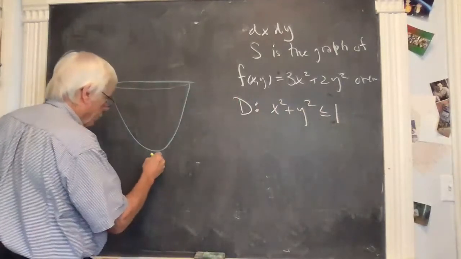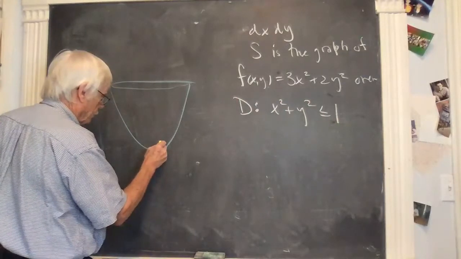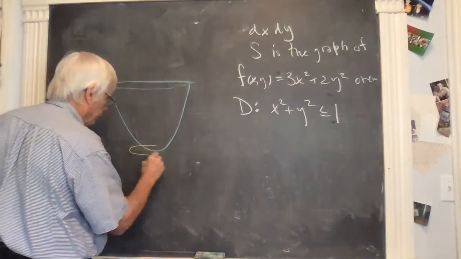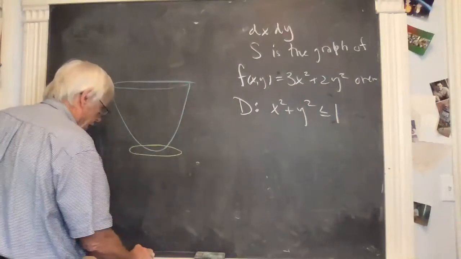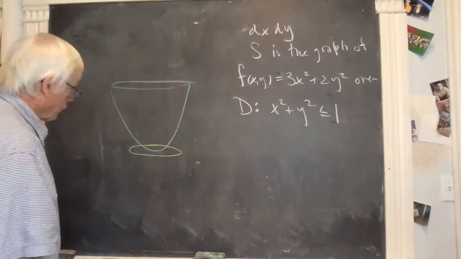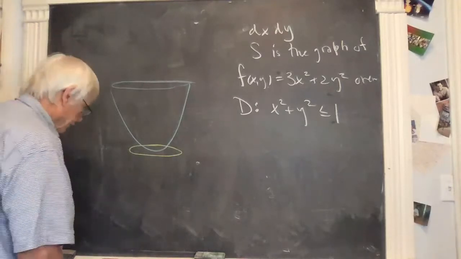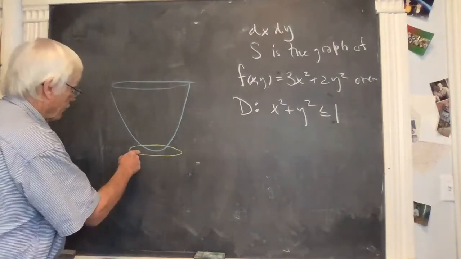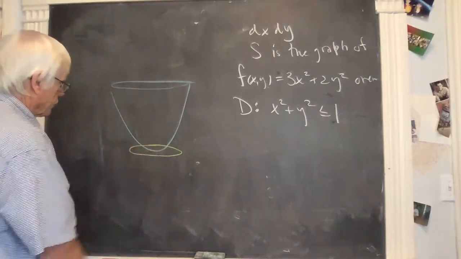And this time we take a circle centered at the origin down here. And we want the surface area of the elliptic paraboloid over this disk.